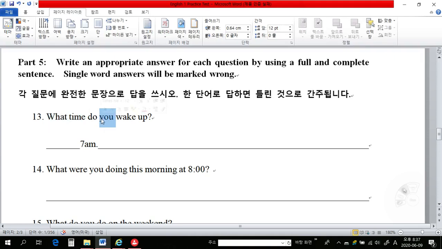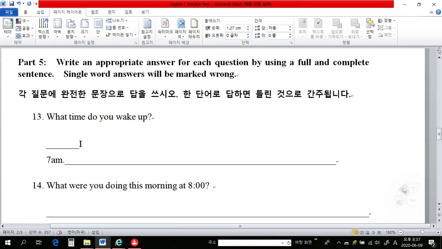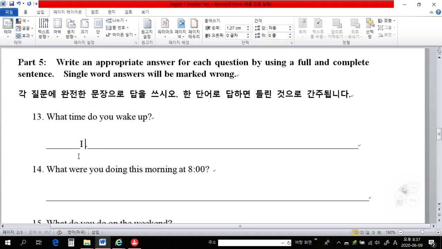So the question has the subject and it has the verb here, okay? So again, a one-word answer will be marked wrong.